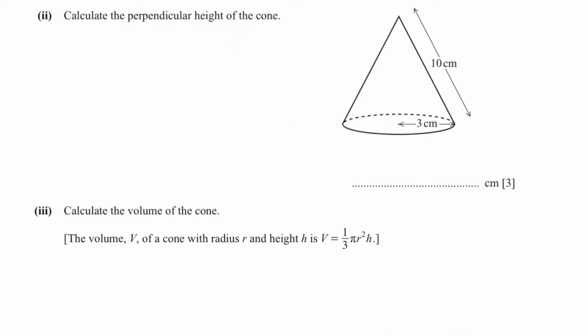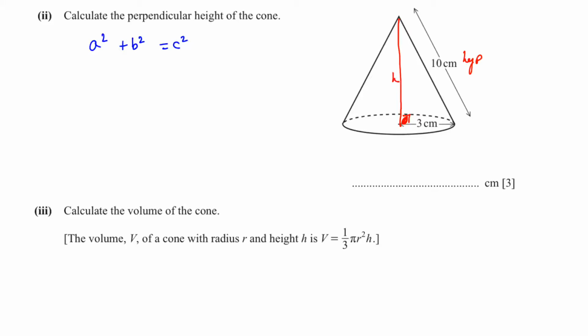Calculate the perpendicular height of the cone. This is your perpendicular height. You can see that it's a right angle triangle and 10 is your hypotenuse. Whenever you have a right angle triangle and two sides are given and you want to find the third side, we use the Pythagoras theorem, which is a square plus b square is equal to c square.